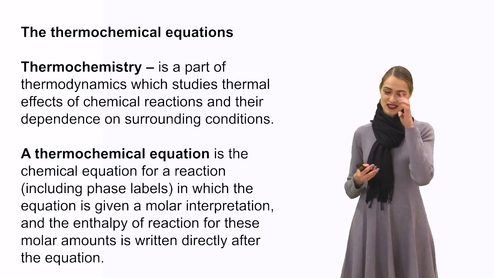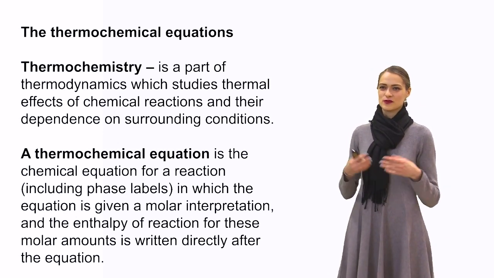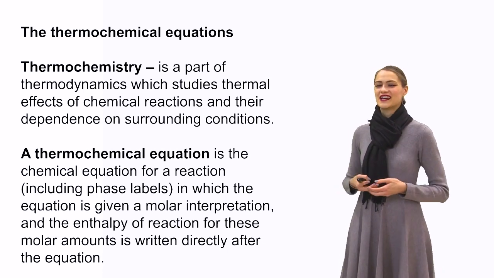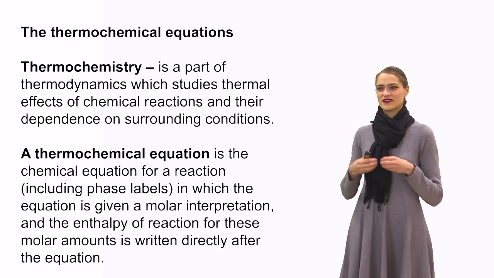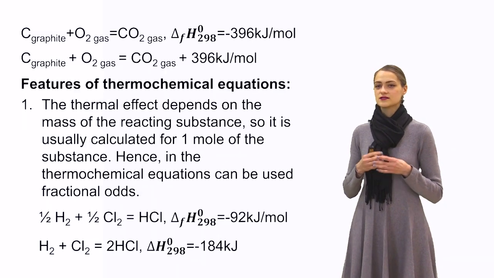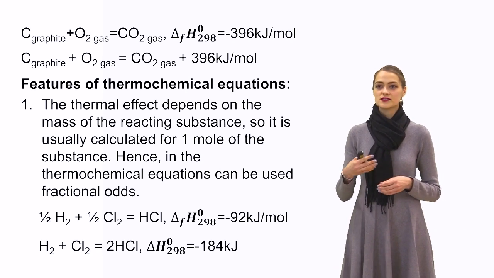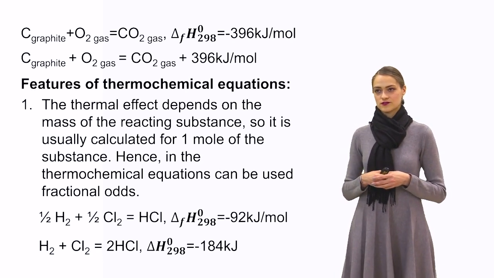We put all theory on an exact reaction. Now we write graphite plus oxygen gives us monoxide, but now plus 396 kilojoules.